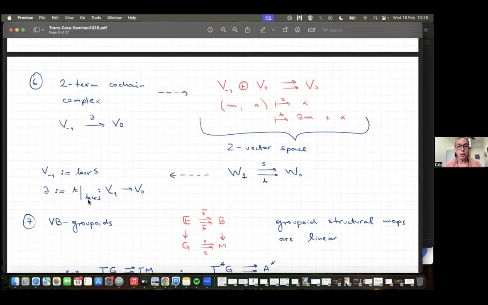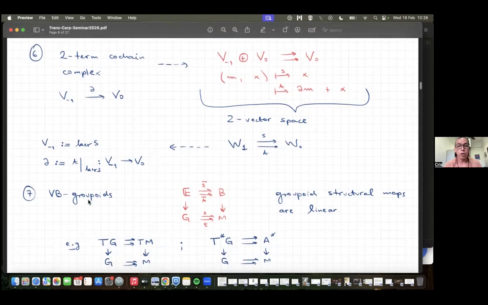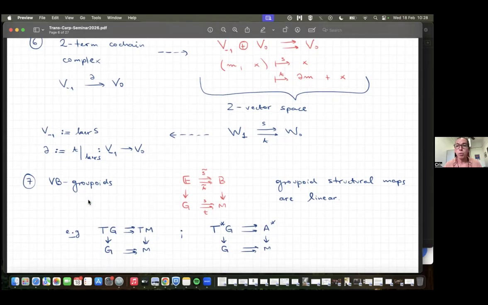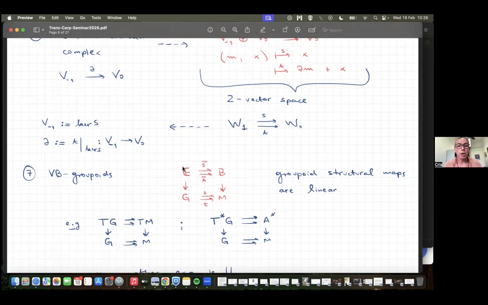So more generally, there is an interesting class of groupoids called VB groupoids, which are groupoids internal to the category of vector bundles. So I write this as a diagram in red.